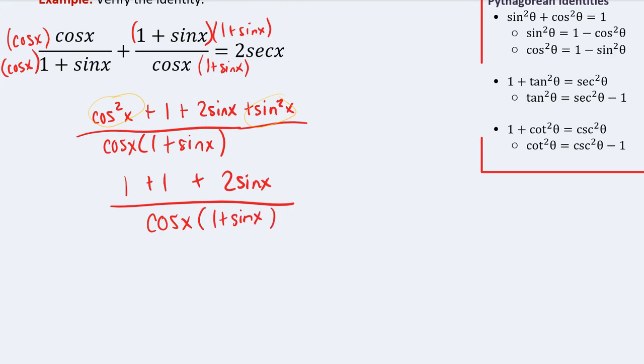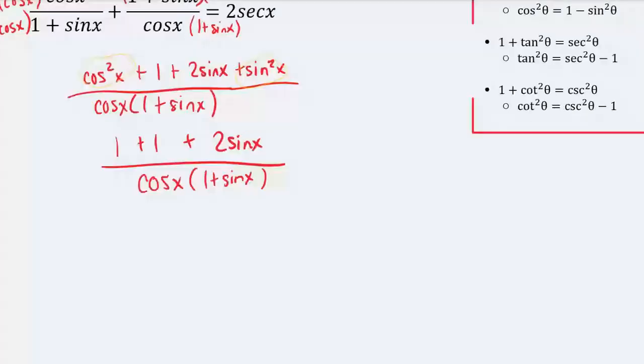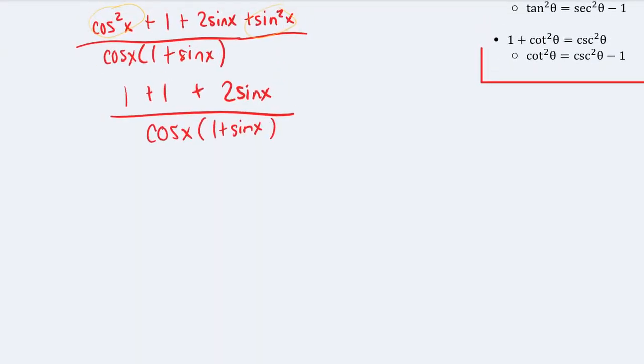And then if I combine like terms, you know that 1 plus 1 is 2. So that means that we'd have 2 plus 2 sine of x all over the denominator. And then finally, look at the numerator. You could factor out a 2 because that's a GCF.